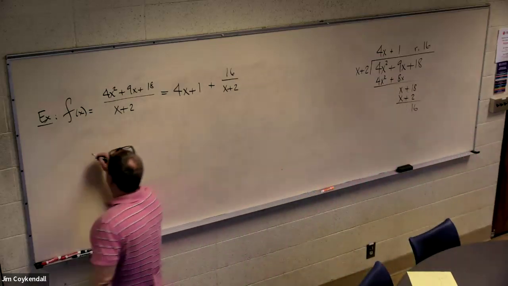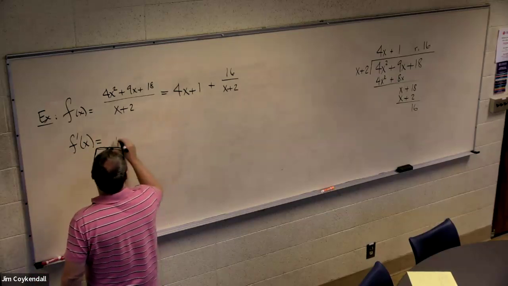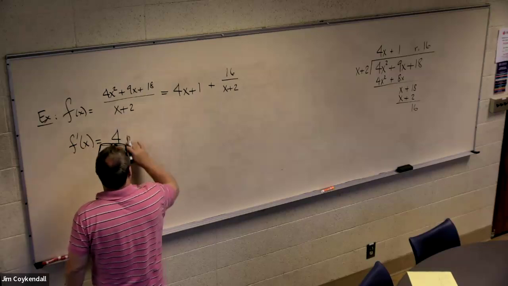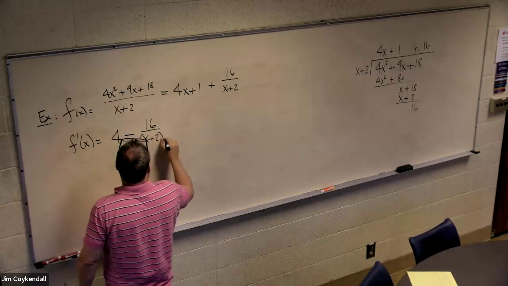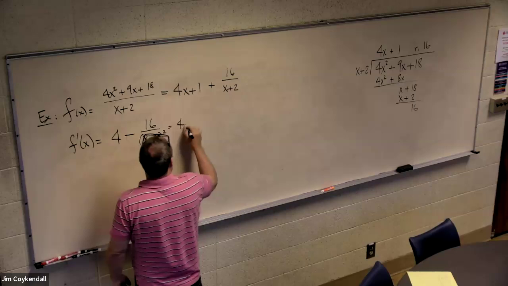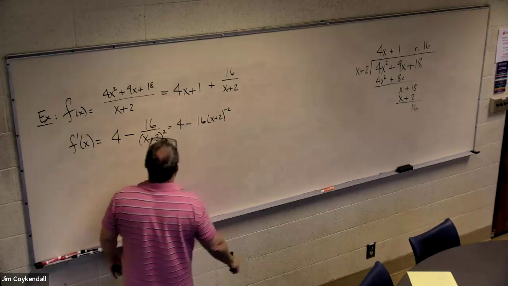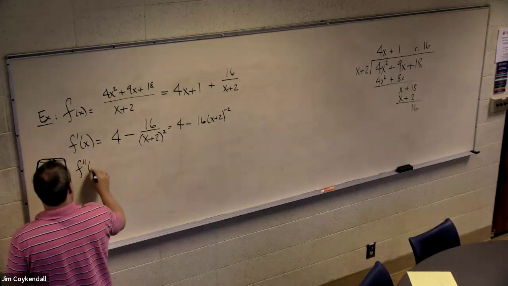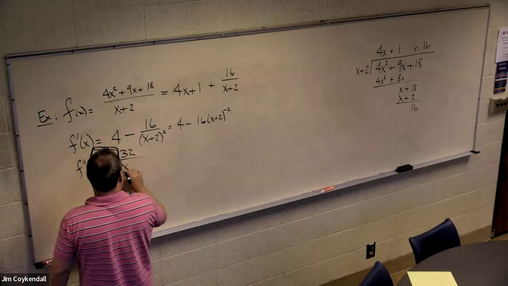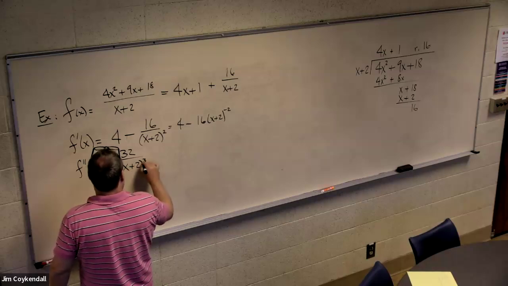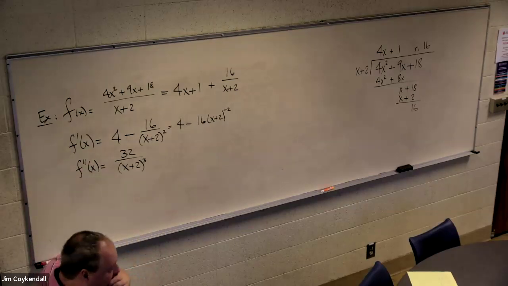The derivative of this is 4 minus 16 over x plus 2 squared, and the second derivative is 32 over x plus 2 cubed.